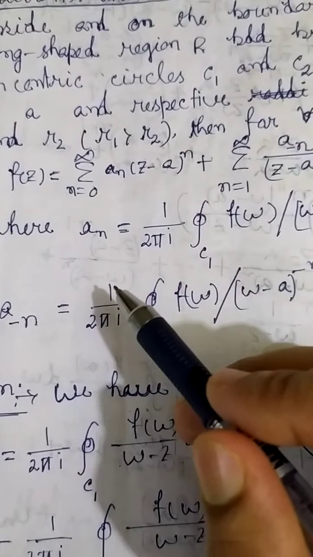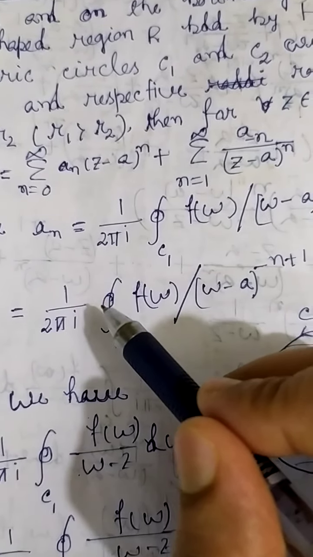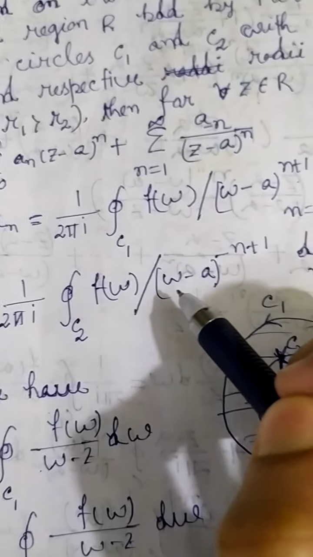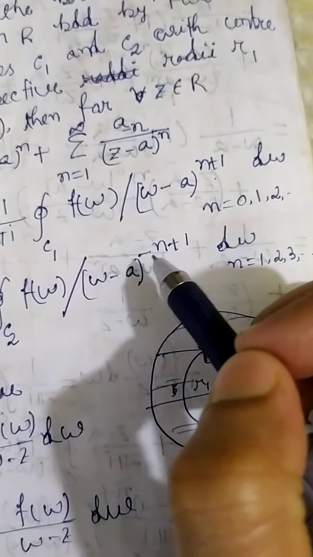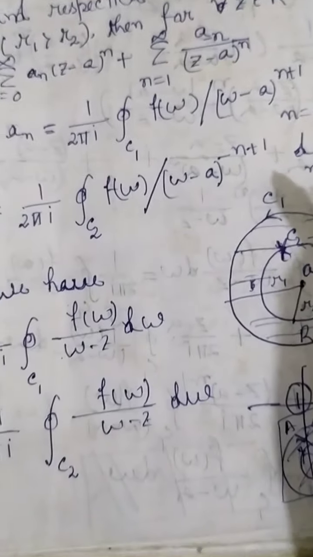Similarly, a_minus n is 1 by 2 pi i times the contour integral along the closed curve C2 of f(w) (w minus a) to the power n minus 1 dw, n equal to 1, 2, 3 etc.